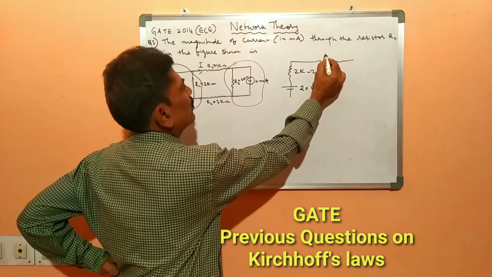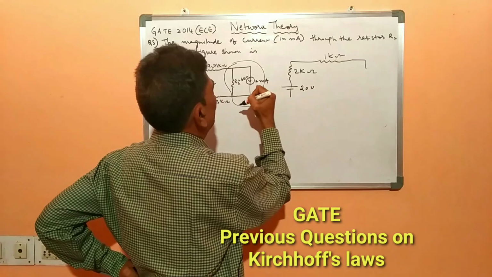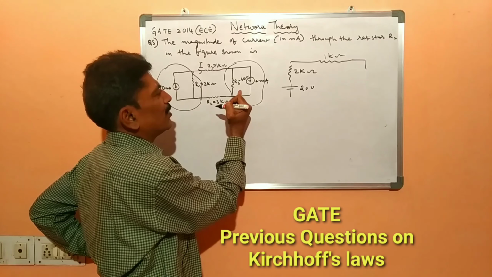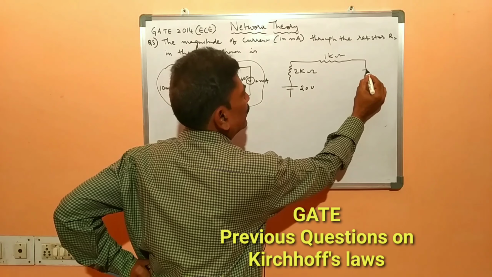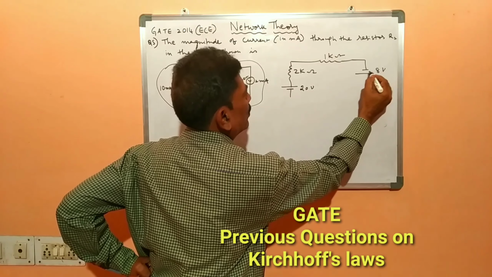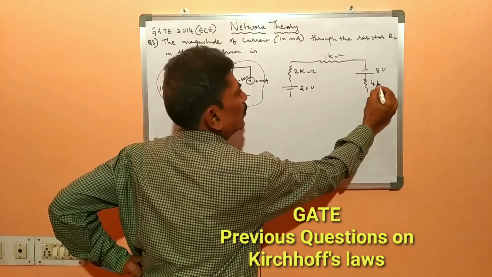And R2 is 1 kilo ohm given, and here another current source. Now let us convert this into a practical voltage source. 2 into 4 is 8. 8 volts, and its internal resistance is 4 kilo ohms.